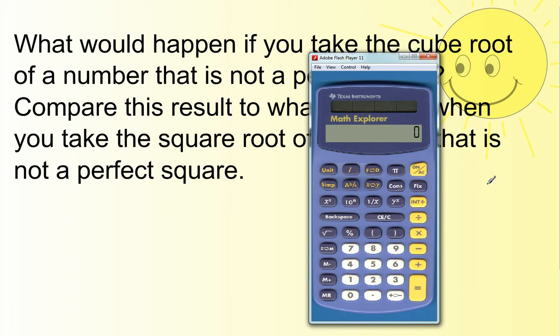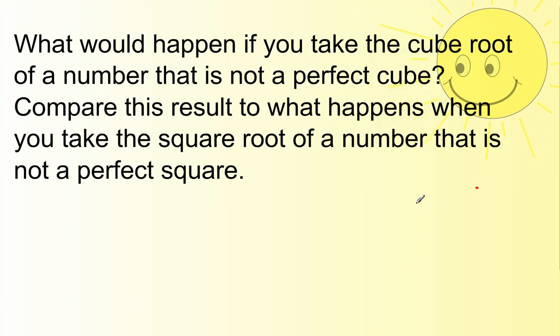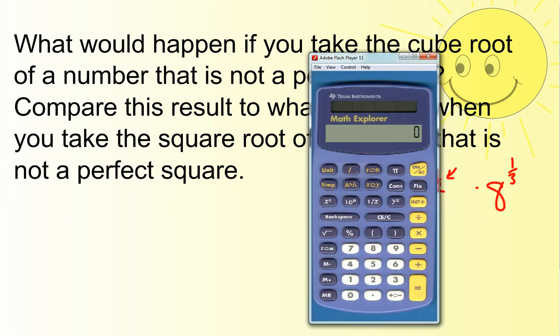For a square root, you use the 1/2 power. That means square root. And for a cube root, use the 1/3 power. Just so you can try it out on your calculator to see how it works, if it works. That's how you would do it. So go ahead and try that right now.